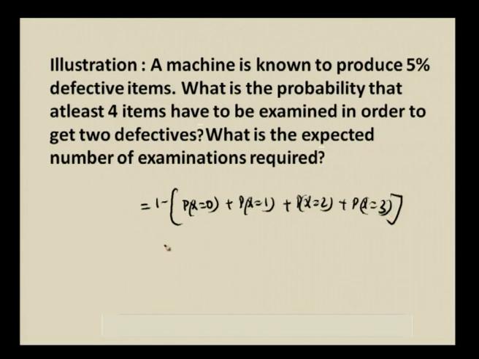But what is x? We will take the values only from r, r+1, etc., up to infinity, and r is equal to 2. Therefore x will take the values only from 2, 3, etc., up to infinity.